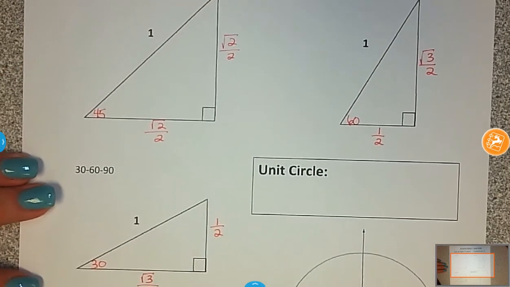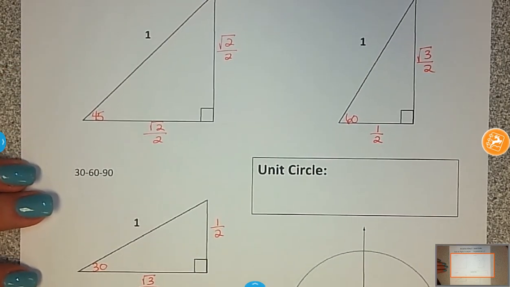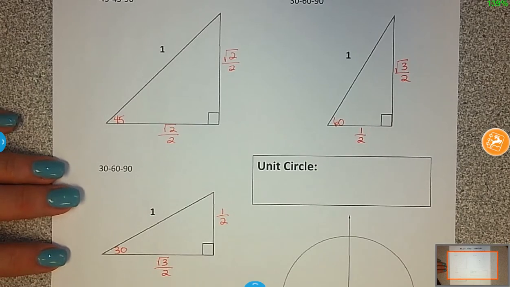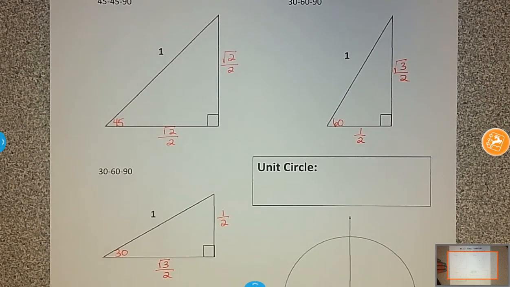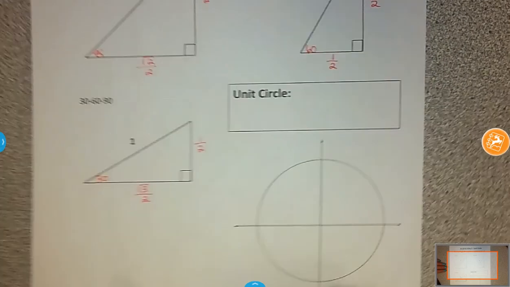The only thing different on this page is that the triangles are oriented in a different direction than they were on the last couple of sets of notes we've done. Okay? And there's a reason for that, and you'll see it here in just a minute. So now we're going to talk about a unit circle.